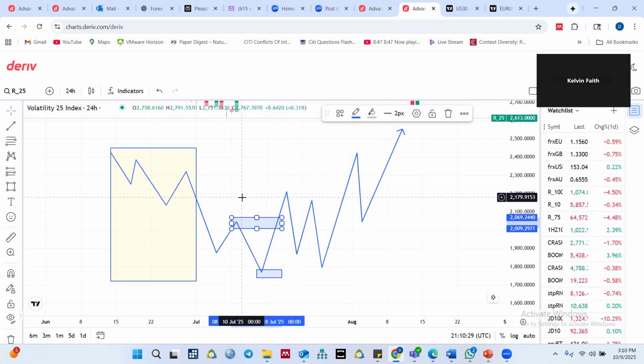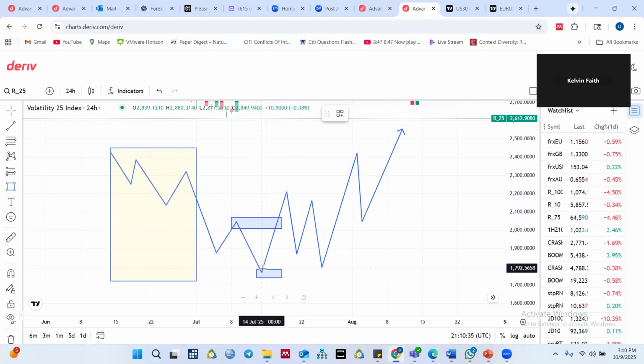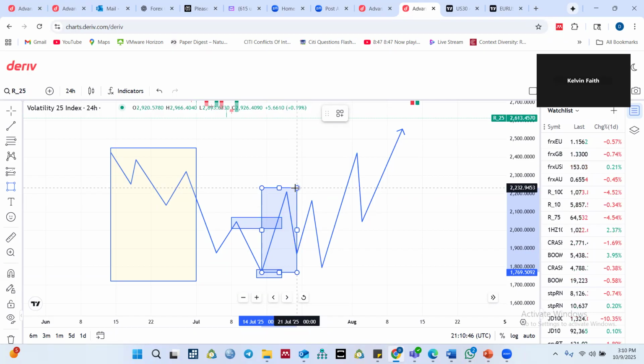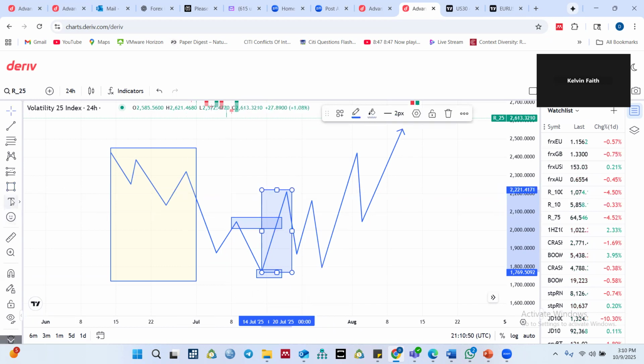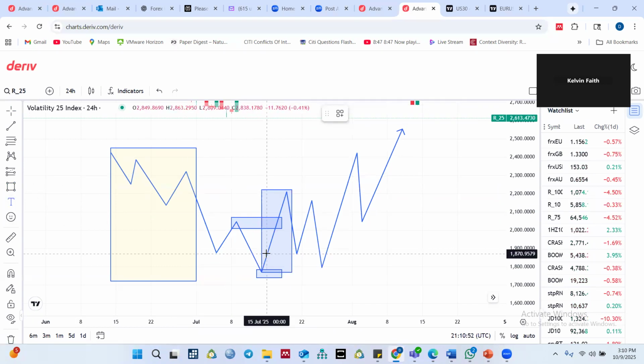The moment you see a break of structure, the move from down here to up here that took a previous lower high out, which gave the shift, this move is what we call the impulsive move.